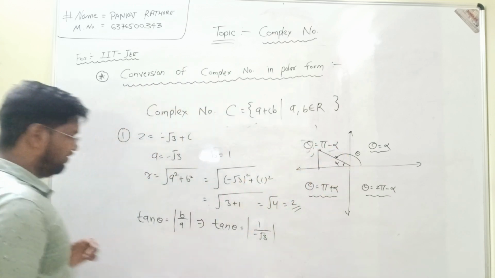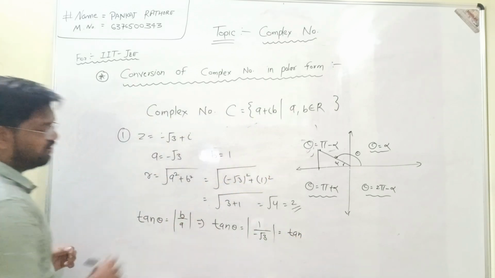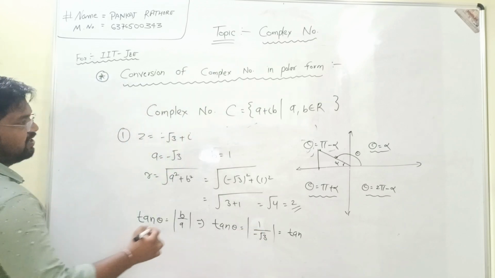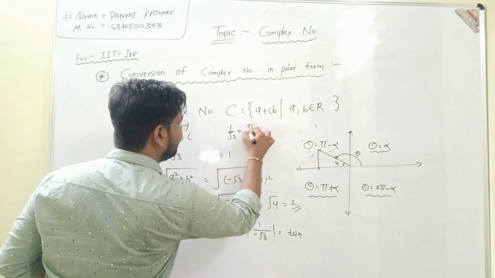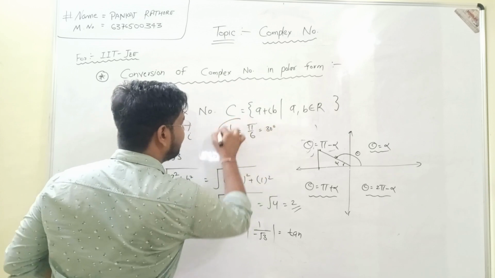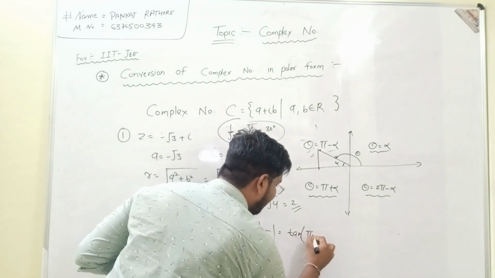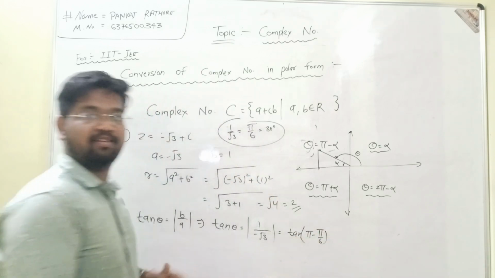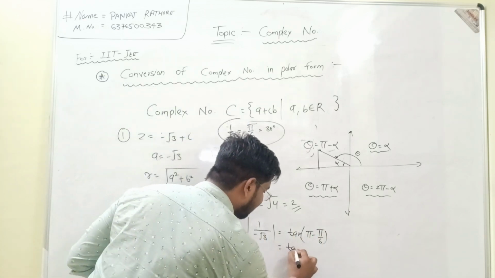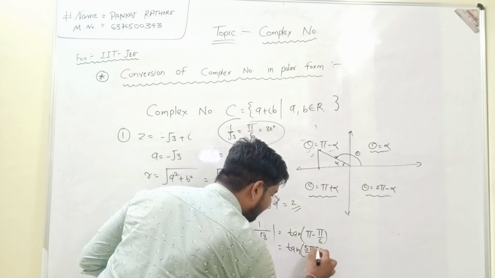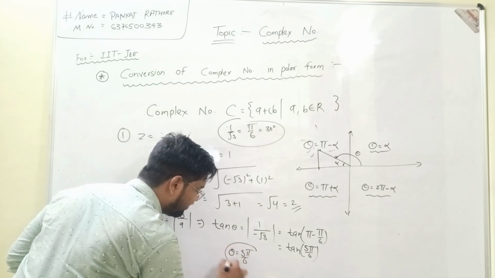Pi minus alpha. Because we know that the value of 1 upon root 3 corresponds to pi by 6, that is 30 degrees. So we write pi minus pi by 6, which we can calculate easily as 5 pi by 6. So the value of theta is 5 pi by 6.